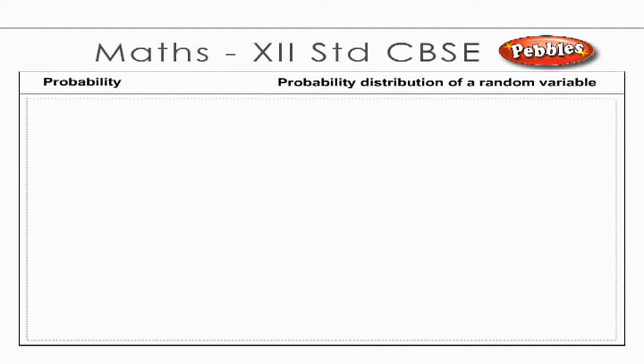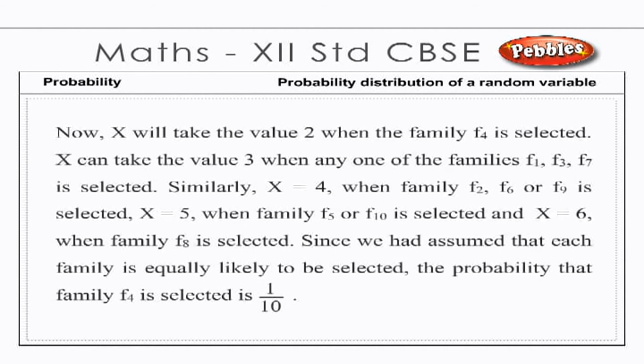Probability distribution of a random variable. Now, X will take the value 2 when the family F4 is selected. X can take the value 3 when any one of the families F1, F3, F7 is selected.